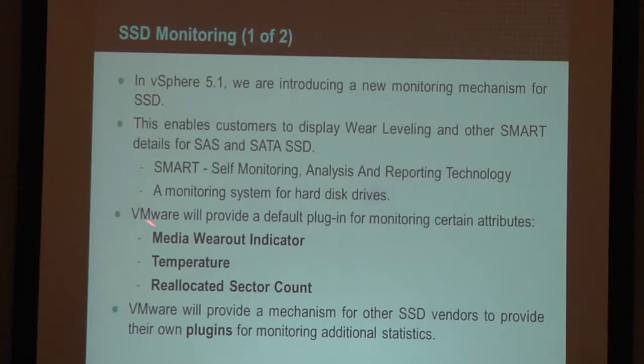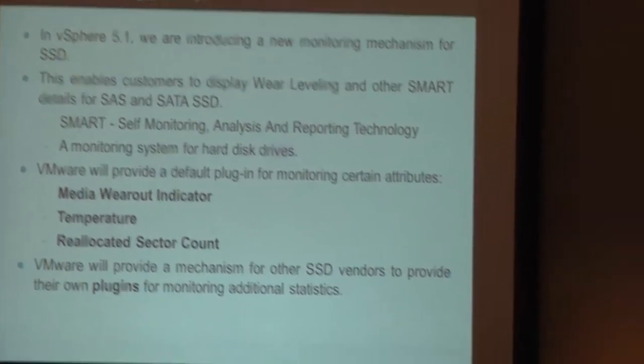Really important, media wear-out indicator. SSDs in general do not fail disastrously as spindles do. They gradually lose performance. As cells become unusable on the SSD, your IOPS will gradually decrease over time.